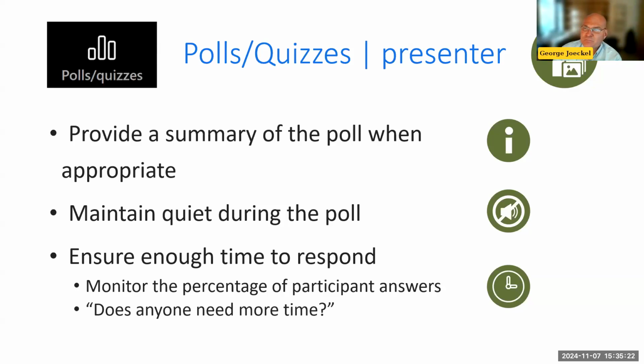The other thing is right before you're about to close the poll, just ask, does anyone need more time? Raise your hand, unmute, or put something in the chat. Just giving them that verbal, text, or reaction opportunity to say, yeah, I just need a little bit more time.